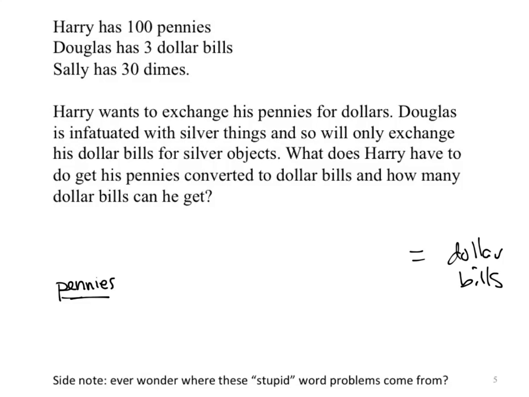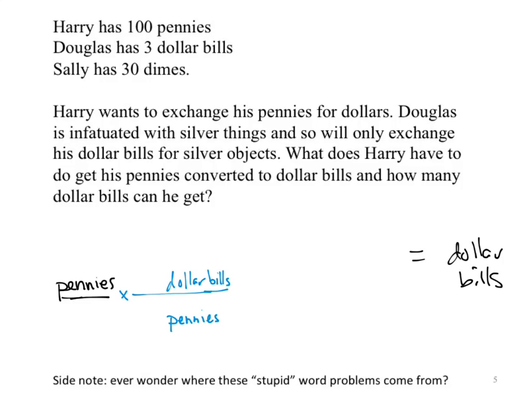Does pennies show up in our answer? No. What do we have to do? We have to multiply by some conversion factor to get rid of that unit. What unit do we want in the numerator? Dollar bills. So we could try and go through and put in dollar bills. Do we have a conversion factor that works in this case?